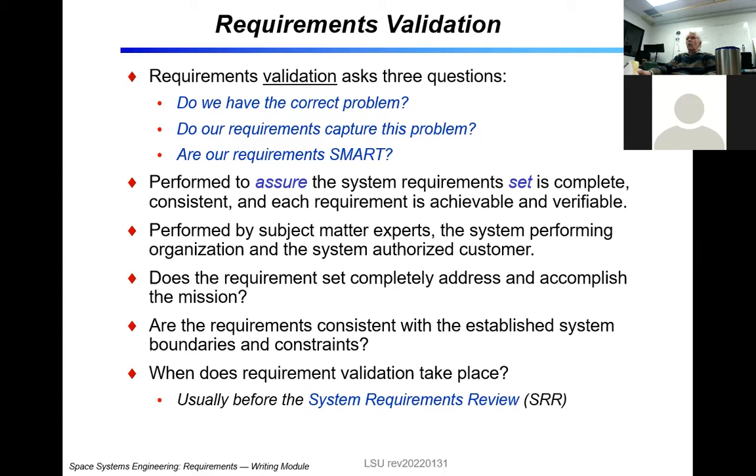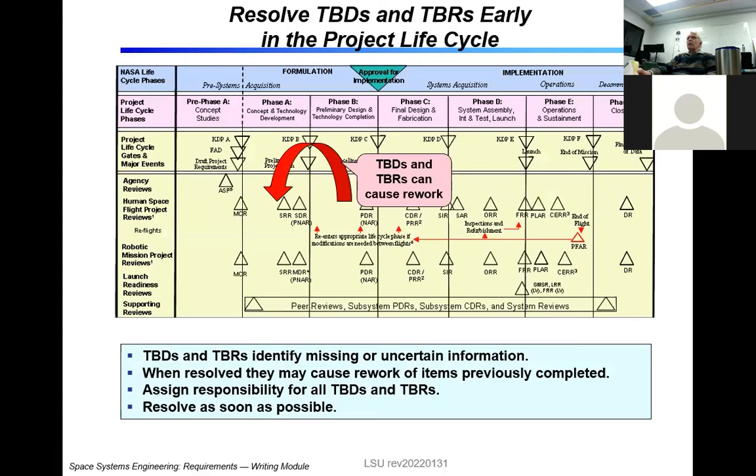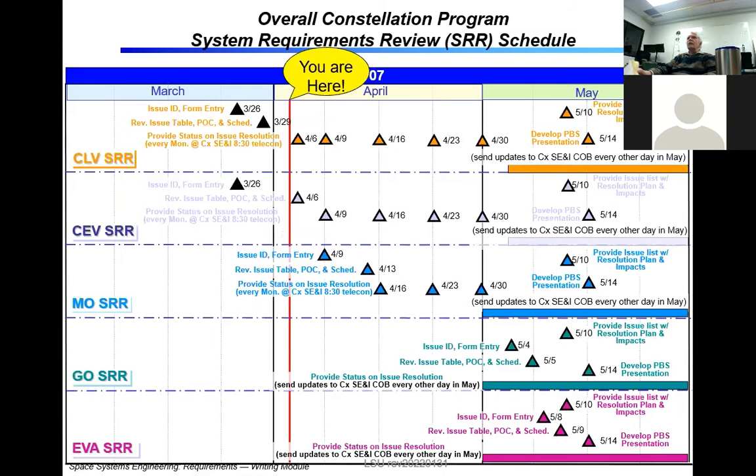Is the system performing as advertised? Do your requirements completely address and accomplish the mission? Right? So there are ways to look at that verification and accomplish it. Right? So resolve TBDs and TBRs early in the project lifecycle. This is just talking about that thing.